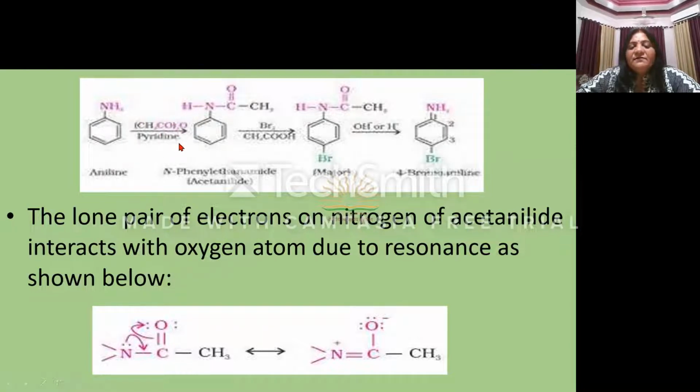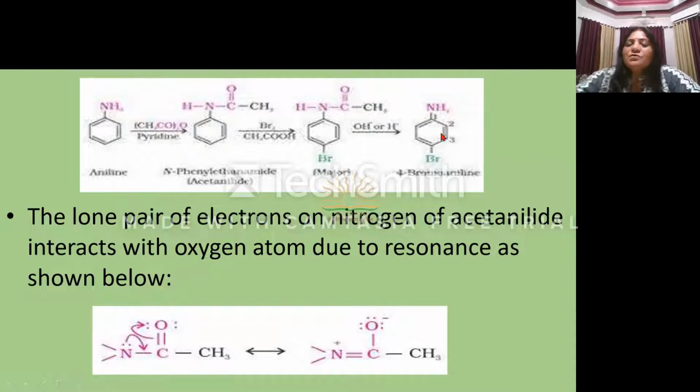Then it forms N-phenylethanamide, acetanilide, which reacts with bromine in presence of acetic acid. Then the para-bromo product is the major one, and this is the intermediate product in presence of alkali or acidic medium. This is para-bromoaniline as the main product.